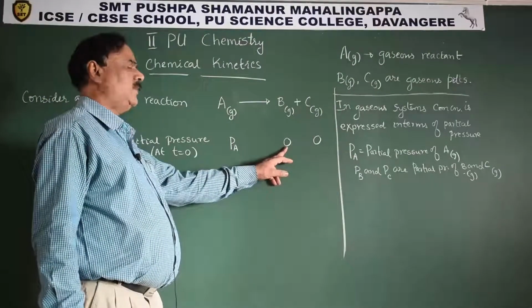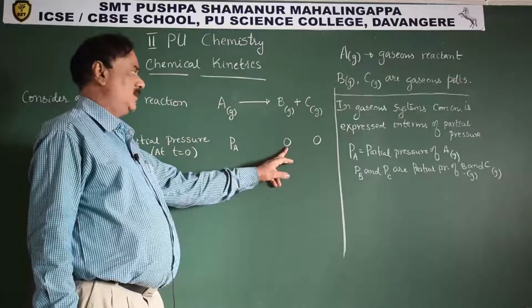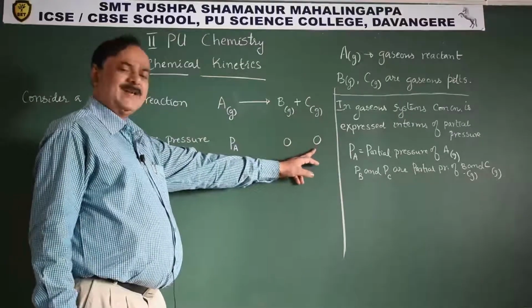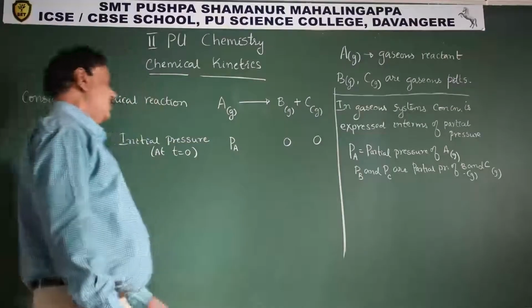This is 0 because no product B is formed, and no product C is formed at t equal to 0.